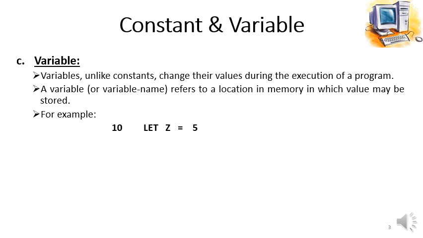So value is 5. What does it mean? It means that we are declaring a variable Z inside the memory, and further we are assigning a value of 5 to Z. Z is a memory location inside the memory, and the value that we want to store at that particular memory location, that is 5.